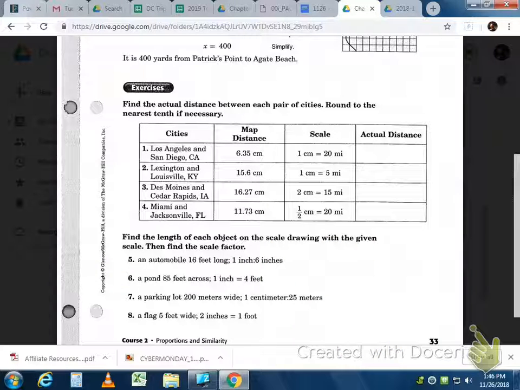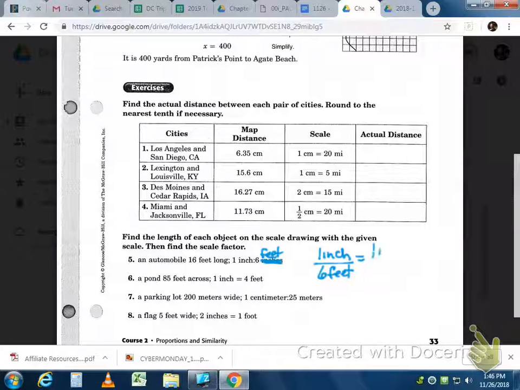So here's what it means. That's feet. 1 inch over 6 feet. We have to change that to the same kind of units. So is it better to change 1 inch to feet or 6 feet to inches? 6 feet to inches.